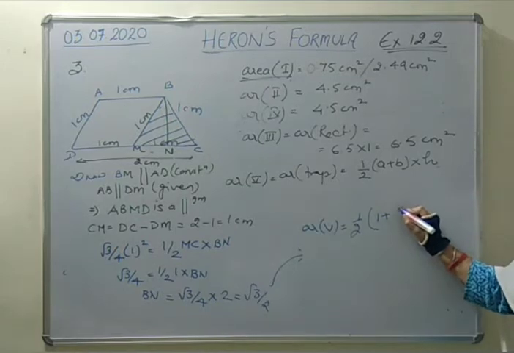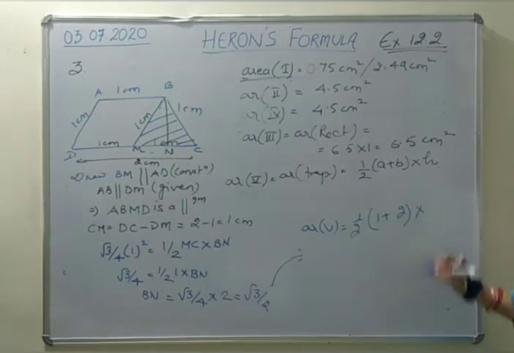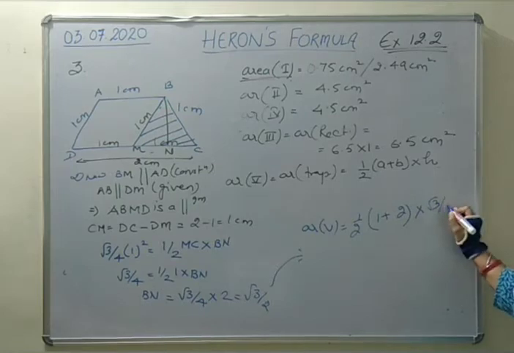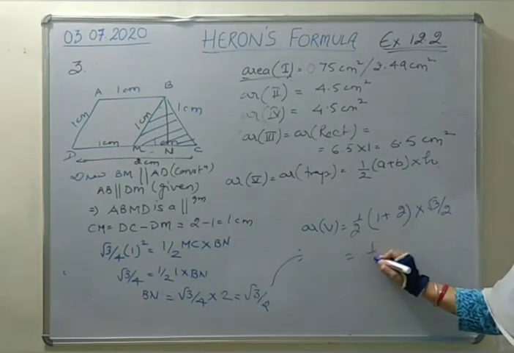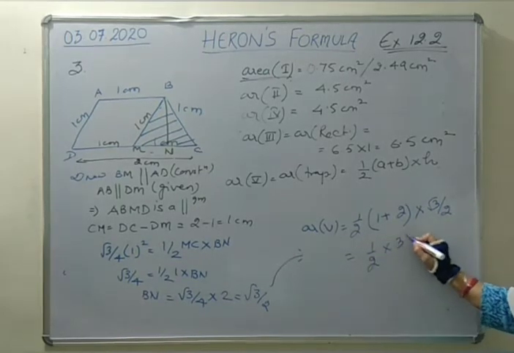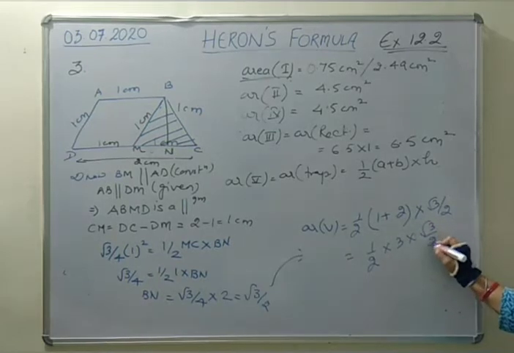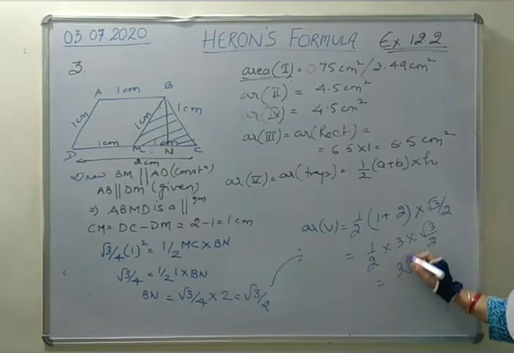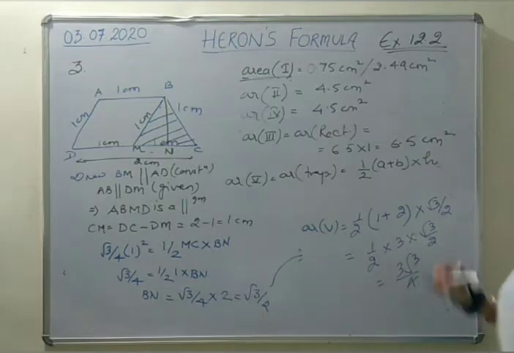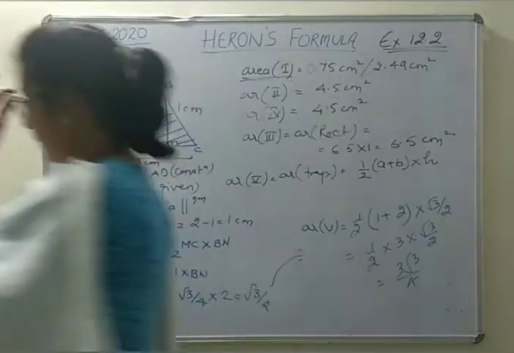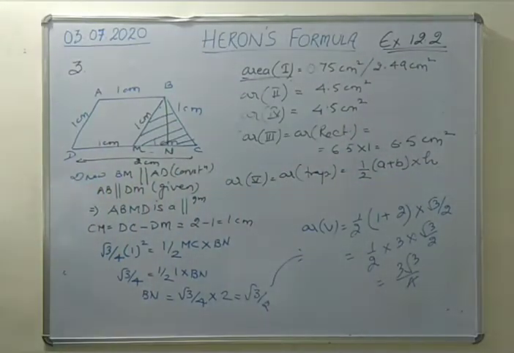What is B? 2. What is the height? Root 3 by 2. So how much are we getting? 1 by 2 into 3 into root 3 by 2. So this will be 3 root 3 upon 4.